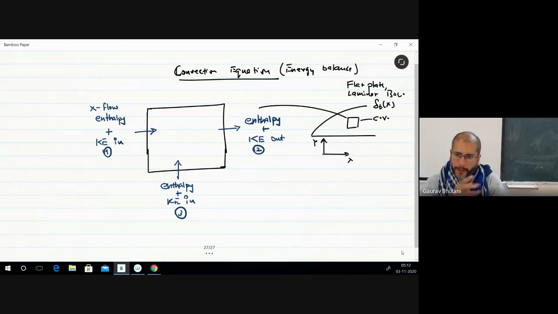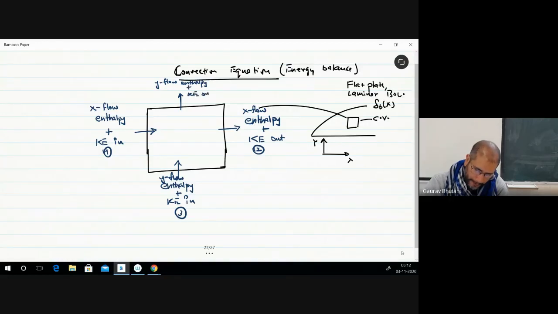So we'll call this X flow, because we're talking about the flow component in the X direction. Similarly, we have a fourth term, which is a Y flow enthalpy plus kinetic energy flowing out.